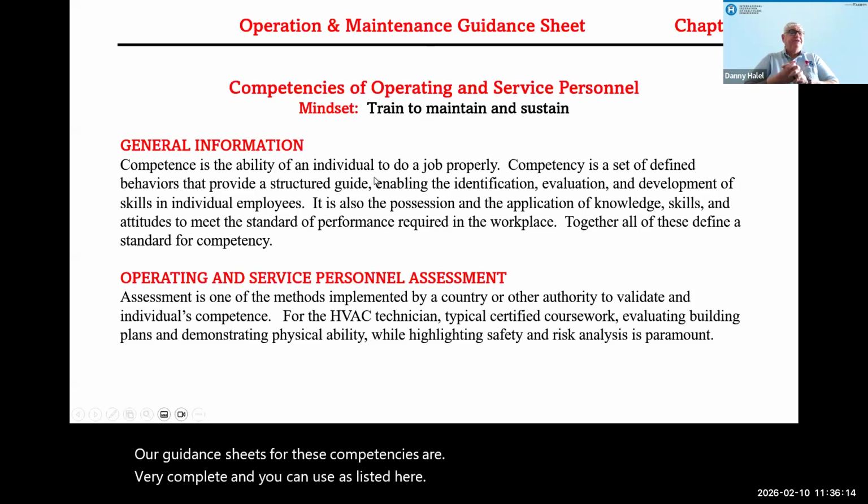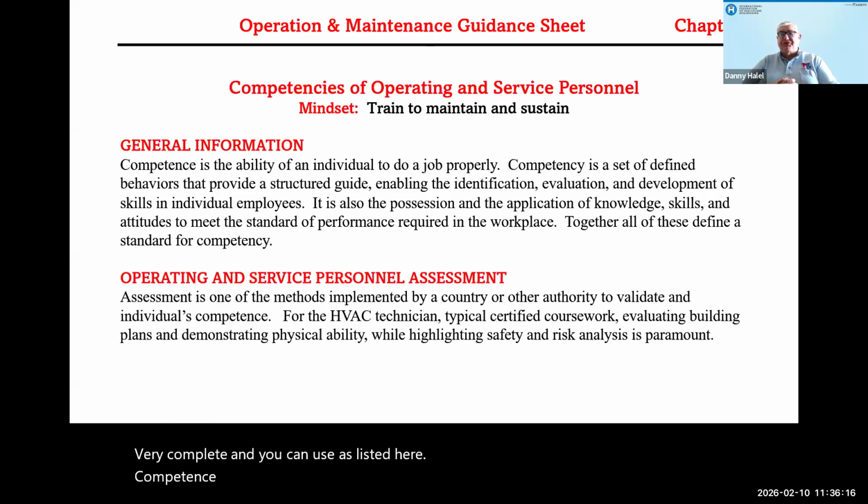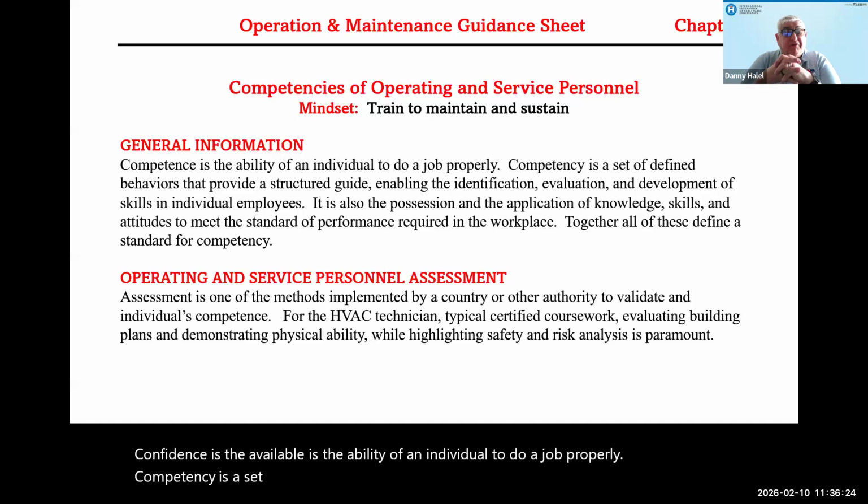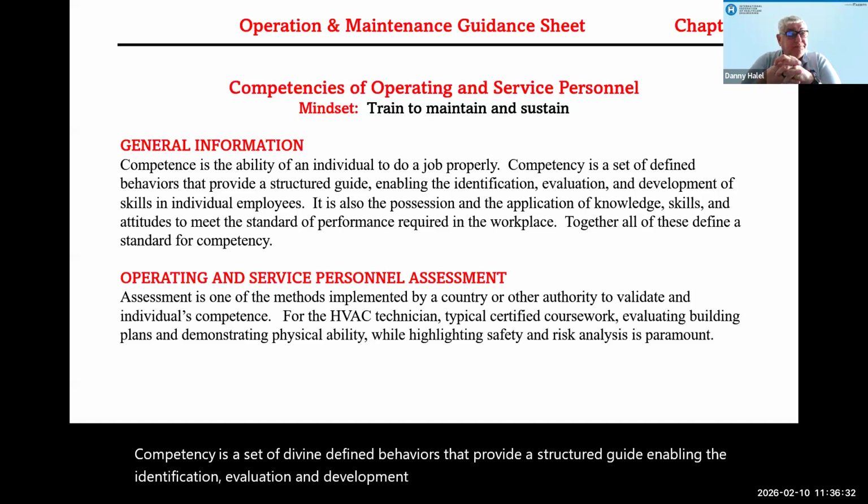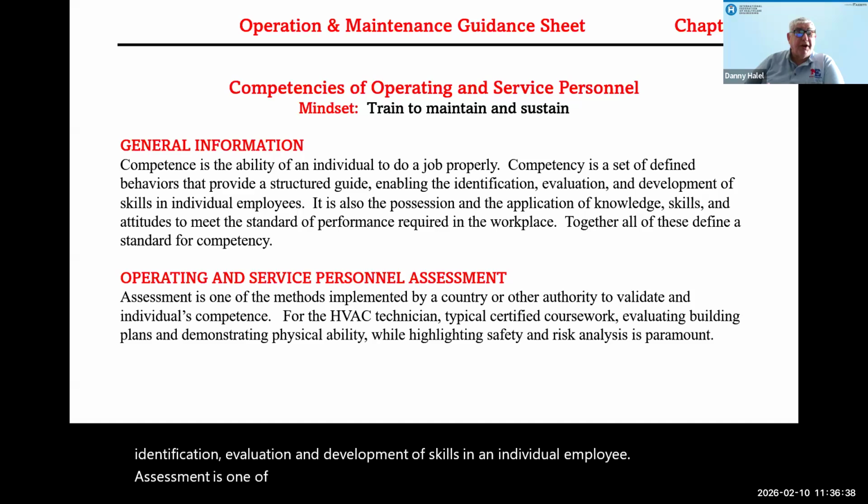Competence is the ability of an individual to do a job properly. Competency is a set of defined behaviors that provide a structured guide, enabling the identification, evaluation, and development of skills in an individual employee. Assessment is one of the methods implemented by a country or other authority to validate an individual's competence.